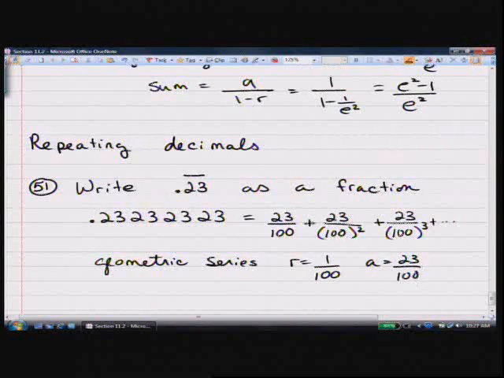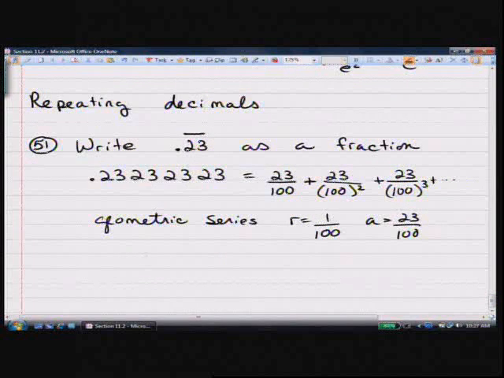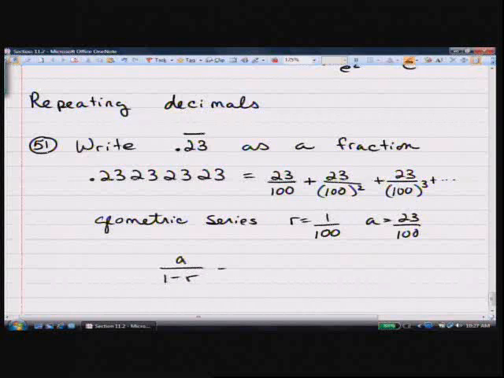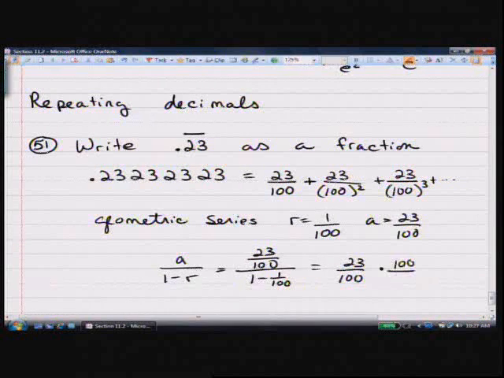You okay? All right. And so then the sum is going to be A over 1 minus R, which is 23 hundredths over 1 minus 1 hundredth, which is 23 hundredths times 100 over 99.